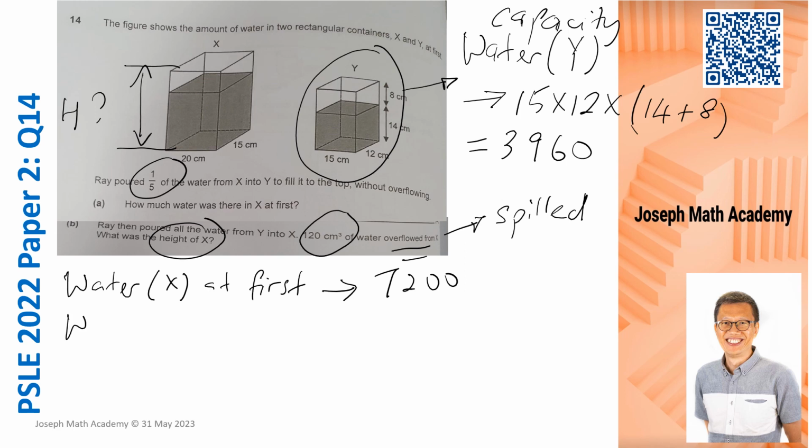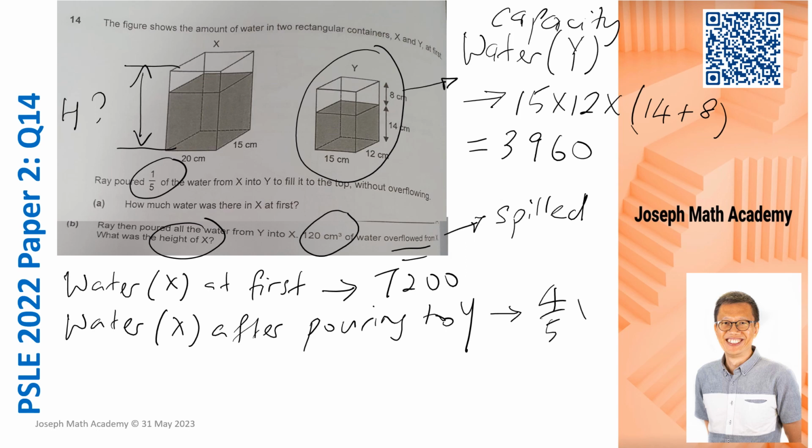So let me find out this part: the water of container X after pouring to Y. It is actually 4/5 of what was inside. Our calculator will tell us it is 5,760 ml.